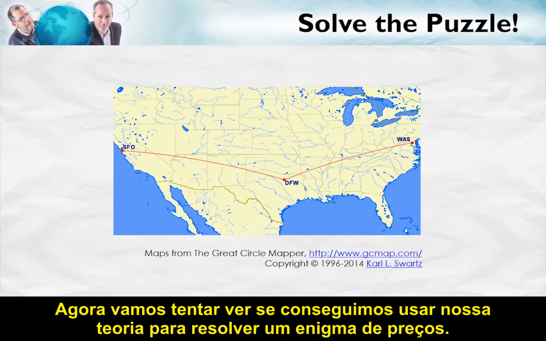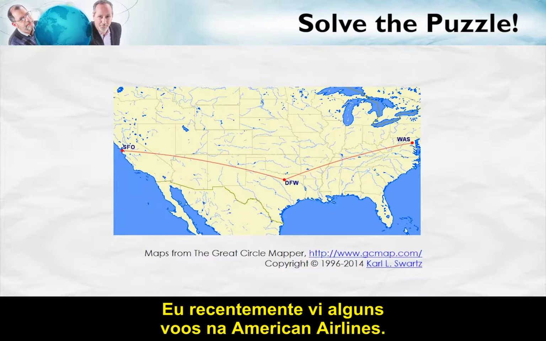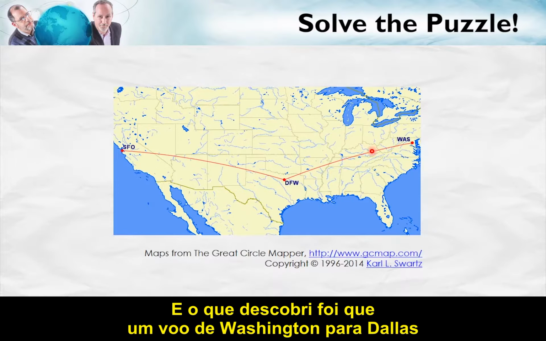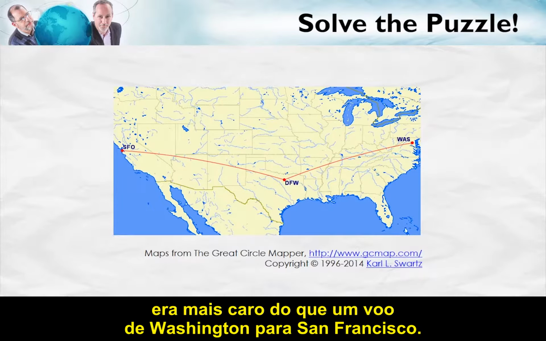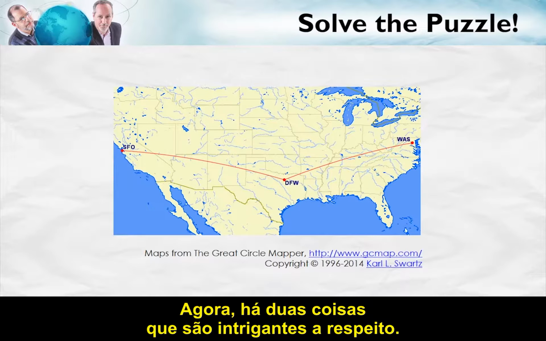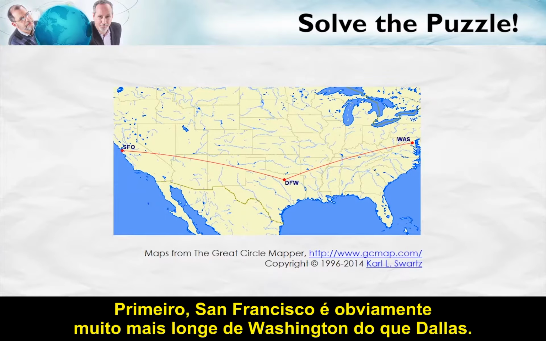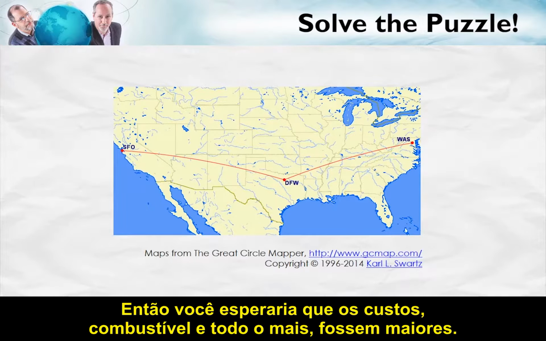Let's now try to see if we can use our theory to solve a pricing puzzle. I recently looked at some flights on American Airlines, and what I found was that a flight from Washington to Dallas was more expensive than a flight from Washington to San Francisco. Now, there's two things which are puzzling about that. First, San Francisco is obviously much farther from Washington than is Dallas, so you'd expect the costs, fuel costs, and so forth, to be higher.